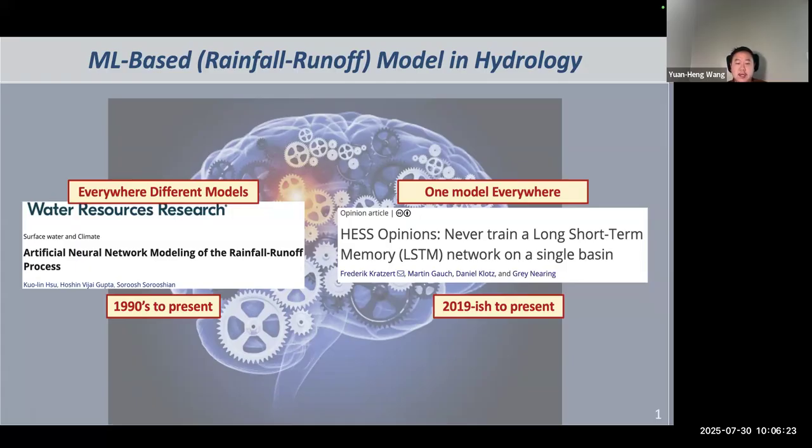A lot of this is based on the neural scaling law, which says that you need more data to train as the model size gets larger. But of course, if we go in this direction, it's very complicated to explain the internal functioning of the large networks, regarding what they are actually learning in the context of rainfall runoff modeling.